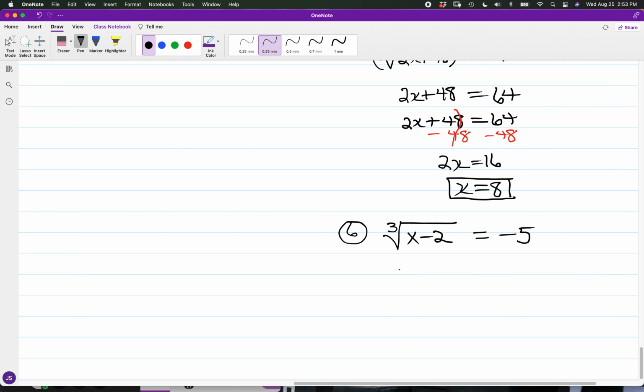Again, if I had the square root of x minus 2 or any other even root set equal to a negative constant, there would be no solution on the basis of the principal square root rule. But again, the PSR rule does not apply to odd roots. So I can continue.